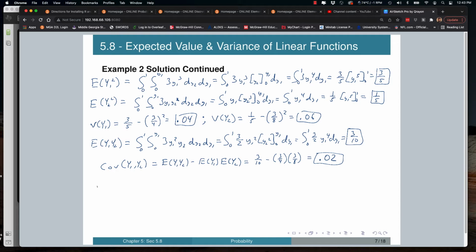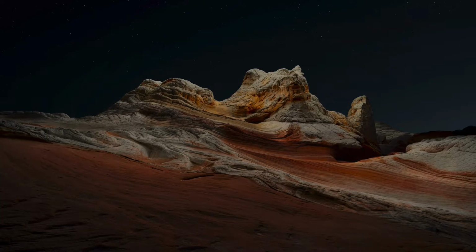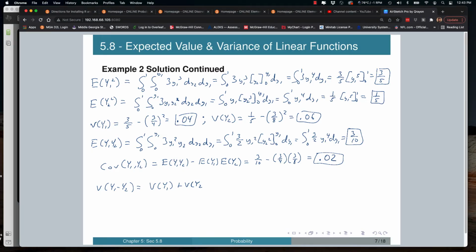So finally, the variance of y sub 1 minus y sub 2, we had rewritten as the variance of y sub 1 plus the variance of y sub 2 minus 2 times the covariance. In the end, we get a really nice formula to plug into, and it's simplified here.